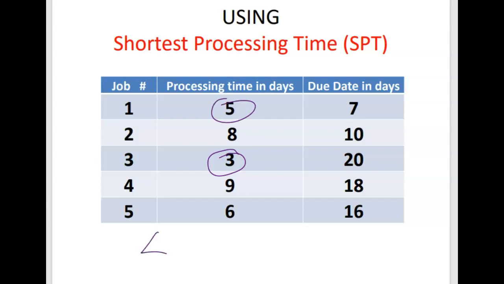So that is job 3, job 1, followed by job 5. The 4th job to be done will be job 2, while the last job will be job 4. So it will be done in the order of 3, 1, 5, 2, 4.